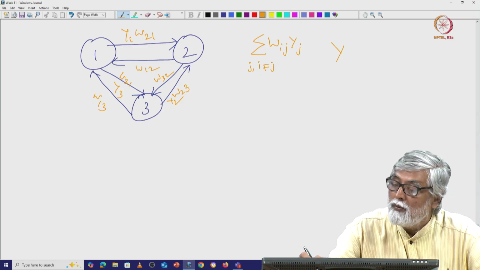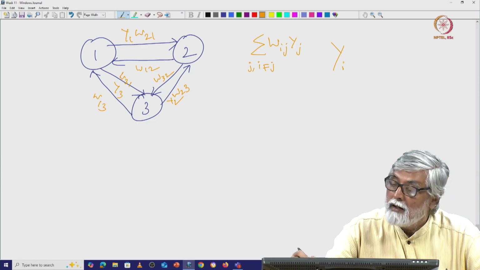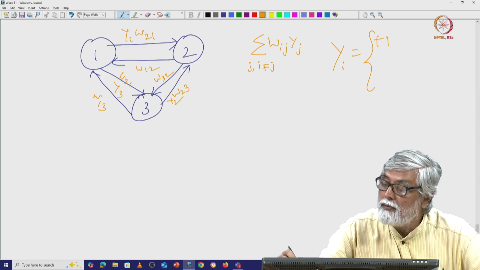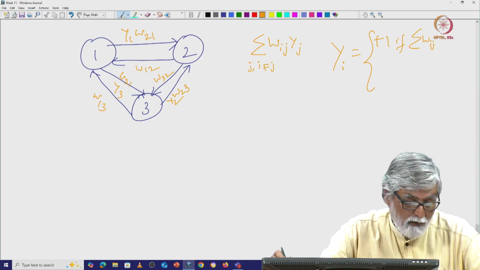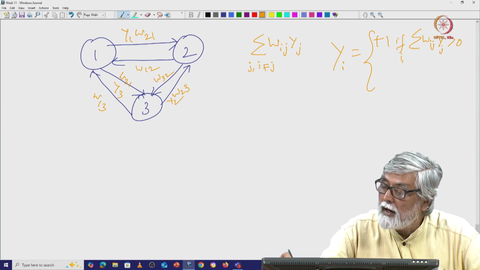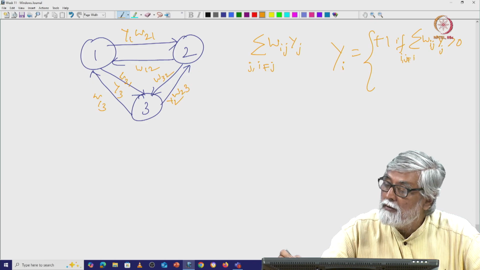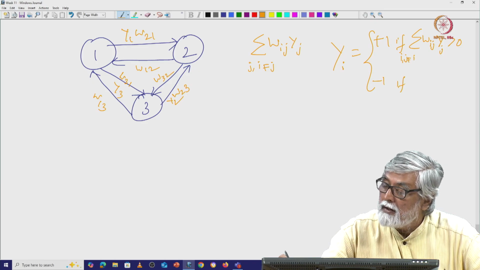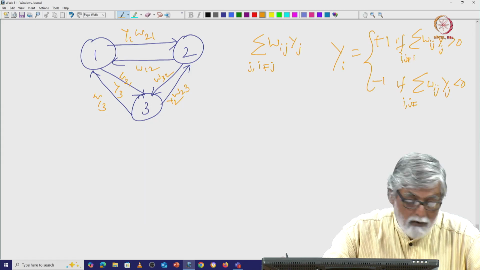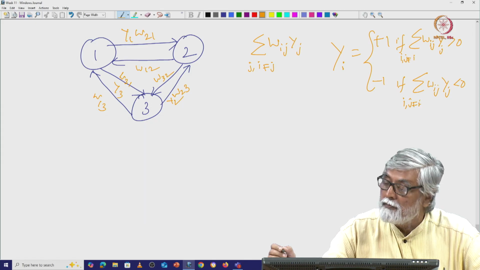So, Yi is equal to plus 1 if sigma Wij Yj is greater than 0 for all j, but j not equal to i, equal to minus 1 if sigma Wij Yj is less than 0 for all j not equal to i.